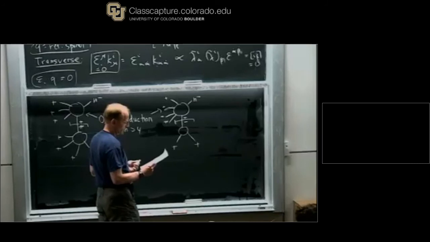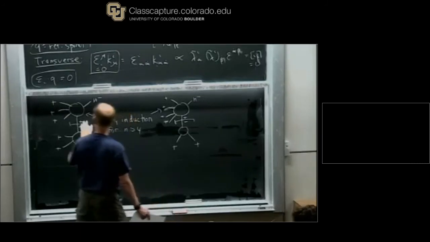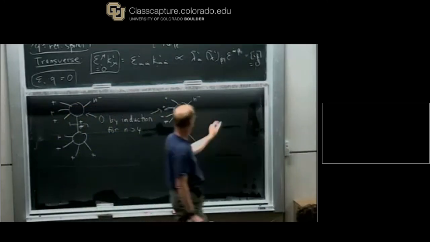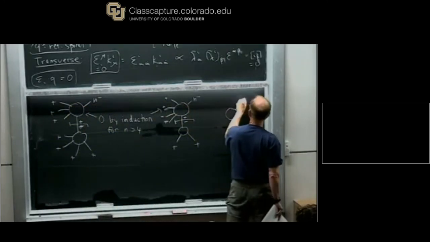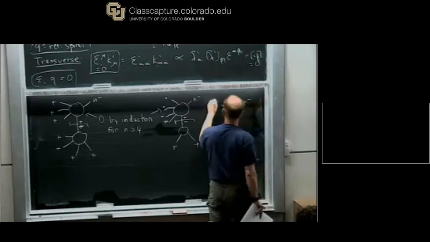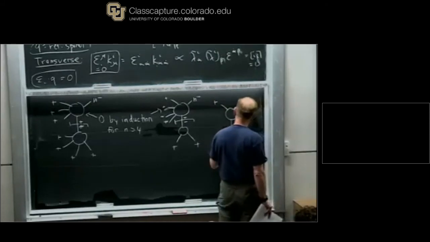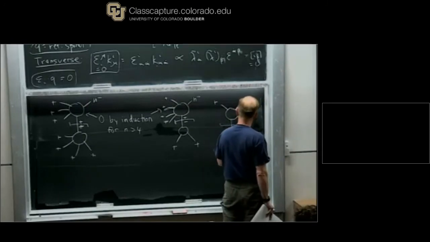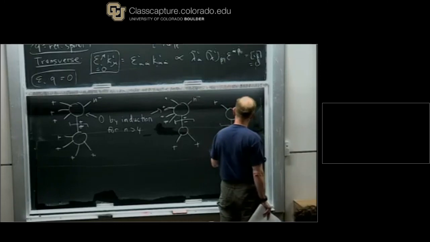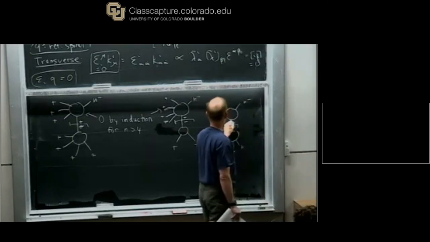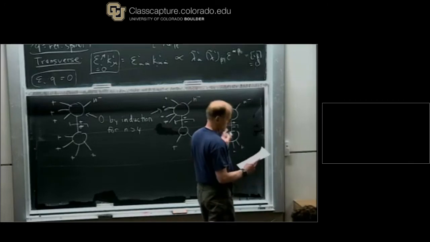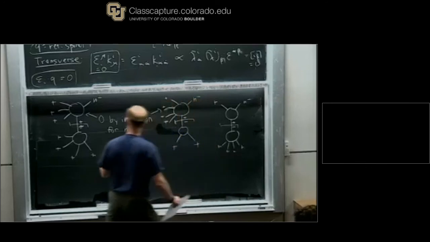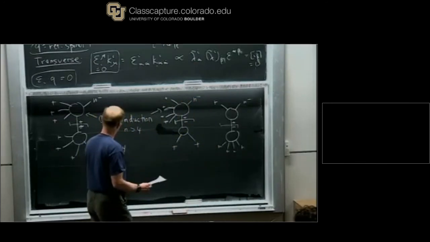The case we really have to worry about is the n equals 4 case. There's another case with the blob at the top, with the 3-point blob near the top. Maybe we should look at that one. We're going to deal with this in the same way we deal with the n equals 4 case. Let's do the n equals 4 case.